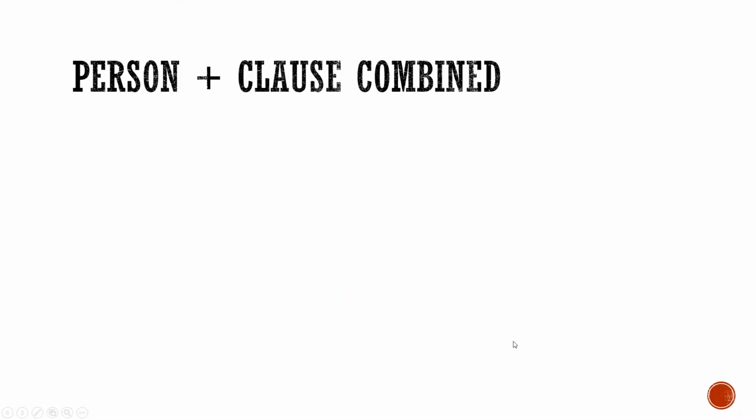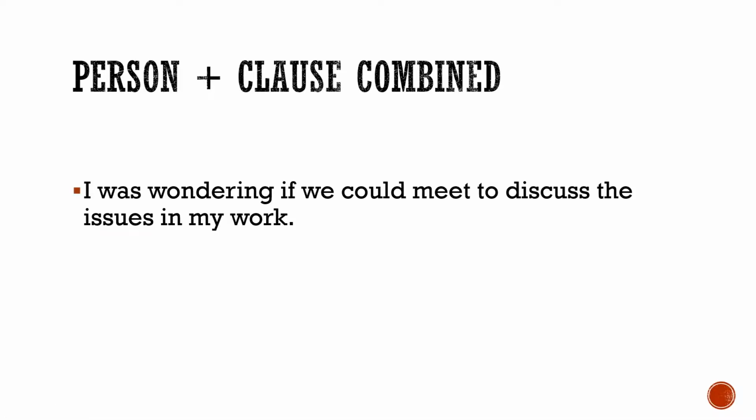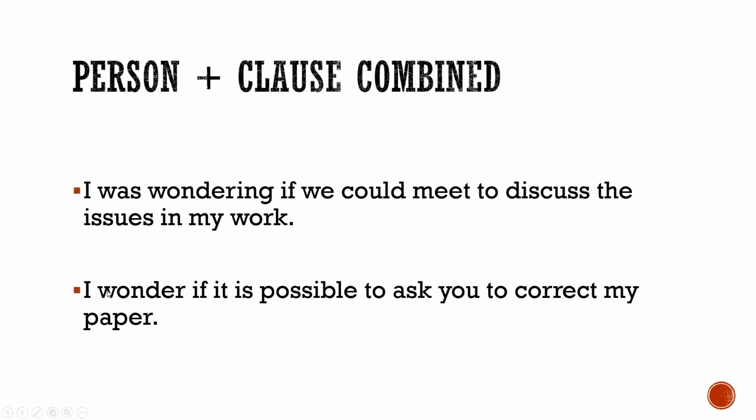We can combine this with our previous ideas. Here is one example. "I was wondering if we could meet to discuss the issues in my work." Another example is, "I wonder if it is possible to ask you to correct my paper." There is one further way we can modify these sentences to make them even more polite.